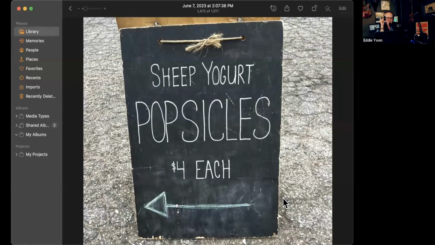And yet, many a Fortune 500 CEO and many a venture-backed entrepreneur doesn't understand the genius of this sign. And this fundamentally is category design.